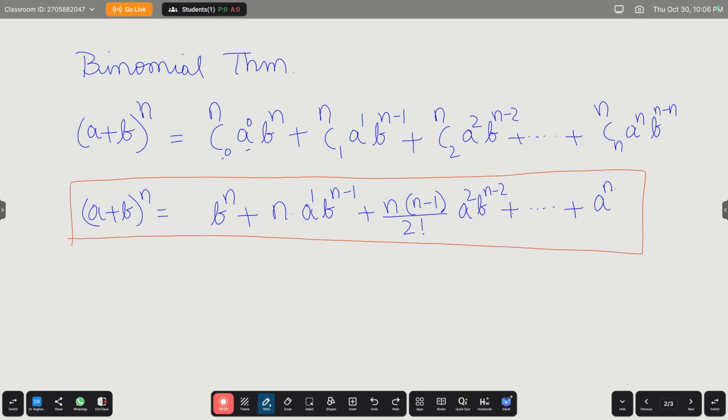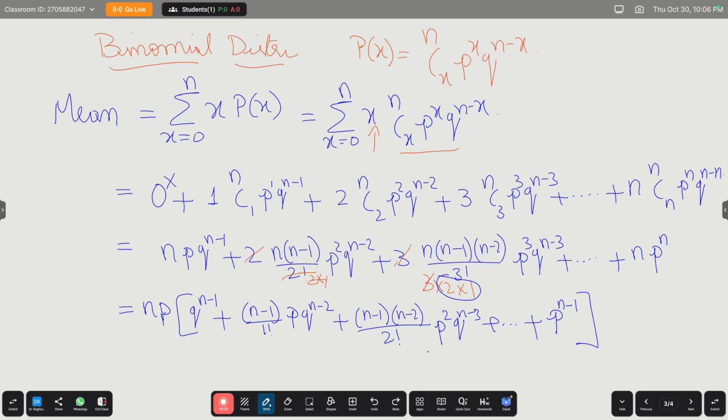You can compare that with our expansion in the bracket. Instead of a and b, we have p and q here, and the highest power there was n, and here it is n minus 1. So this will be n into p multiplied by p plus q whole power n minus 1.